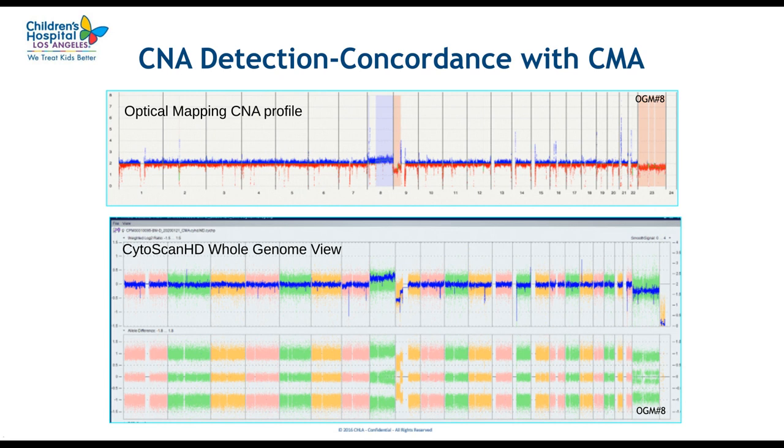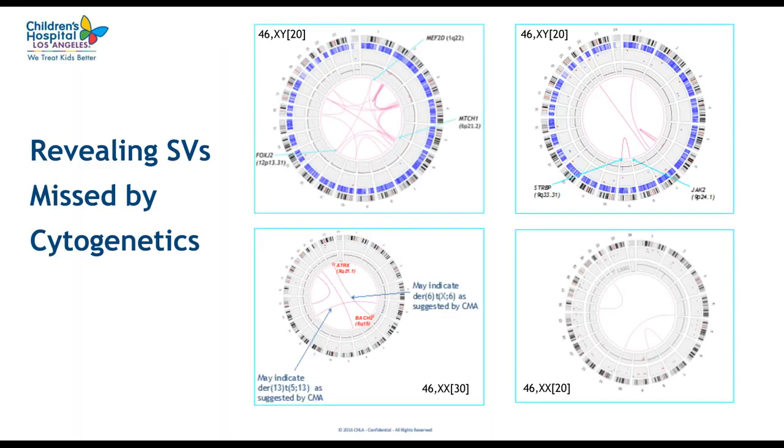So optical genome mapping allows you to get a genome-wide copy number assessment, and that's very comparable to what you would get from chromosomal microarrays. As I mentioned earlier, in almost all our cases, optical genome mapping showed structural variants that we did not pick up by karyotype analysis.